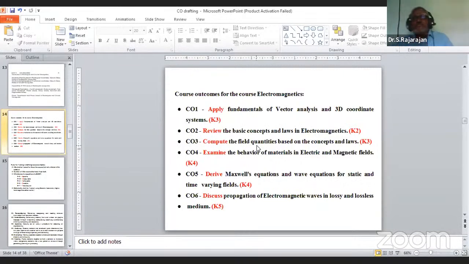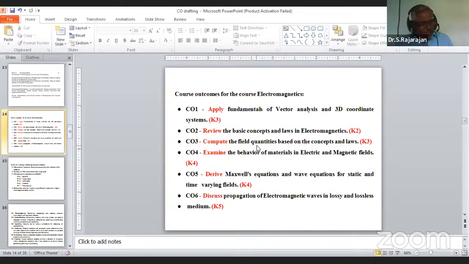At K3 level, the students are capable of computing the problems out of the book also. If you give the same problem to your students, they will tell you this is out of syllabus.